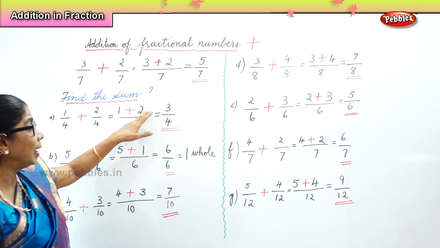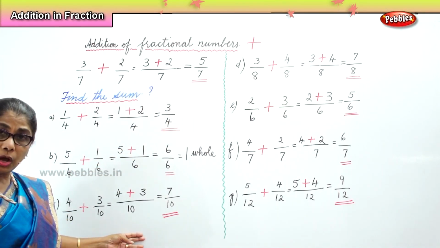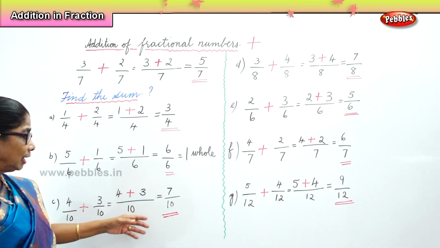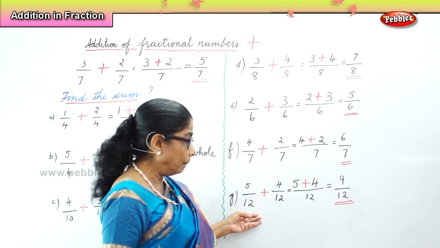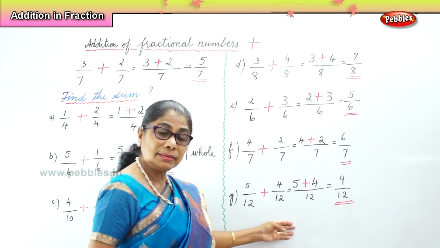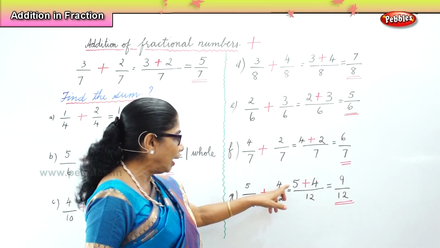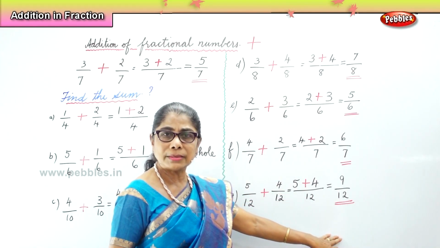In every case, you put in the denominator, then take the numerators, put 4 plus 3, and you get the answer. Even if the denominator is big, but the denominators are same, you just look at the numerator, then you add 5 plus 4 and you get the answer.